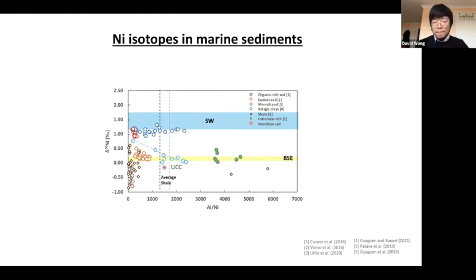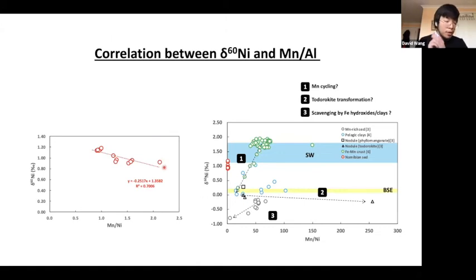So yeah. If we compare nickel isotope with the manganese to nickel ratio, it shows a negative correlation between these two. The trend is actually in the opposite direction of some of the processes that have been quantified in the lab, like manganese cycling and scavenging of iron oxyhydroxide.